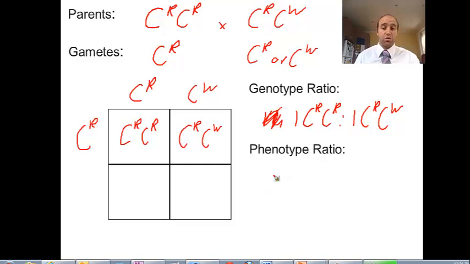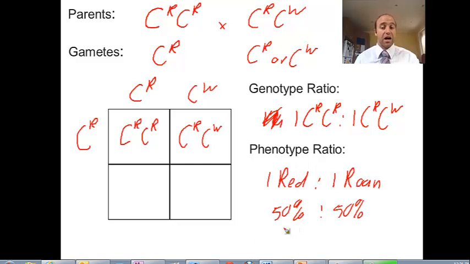Phenotype ratio, we would have 1 red cow to 1 roan cow. Okay, and you know, like we were talking about in our last episode, we could have this written as 50-50, or the probability is a half of each. So we can work in either of those sorts of ways. So that's incomplete dominance and codominance. Again, go out and do a lot of problems. Good to practice.